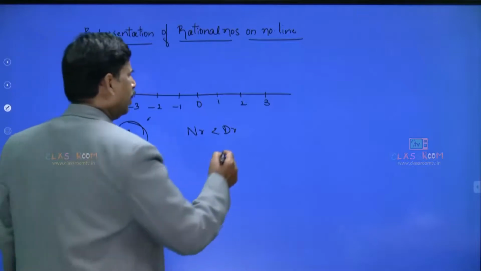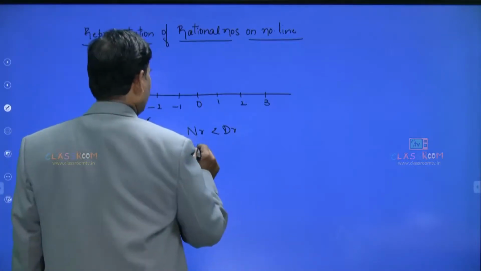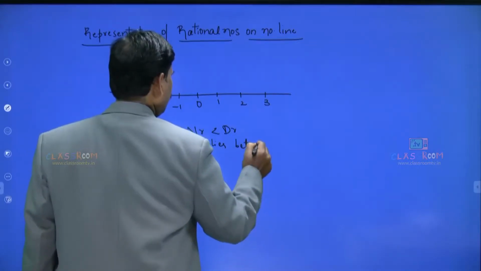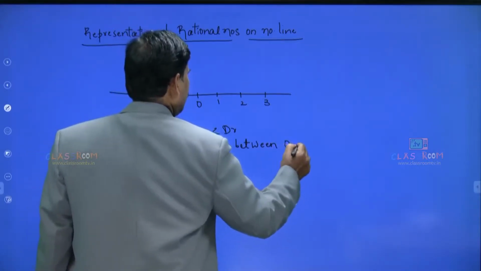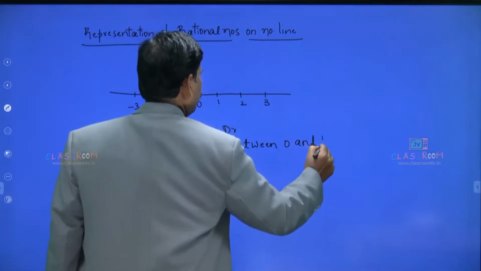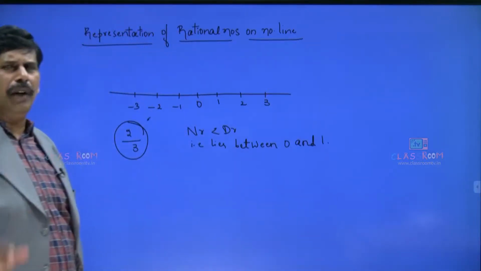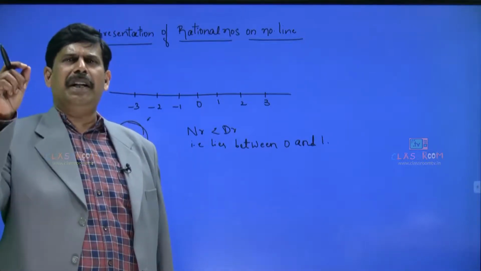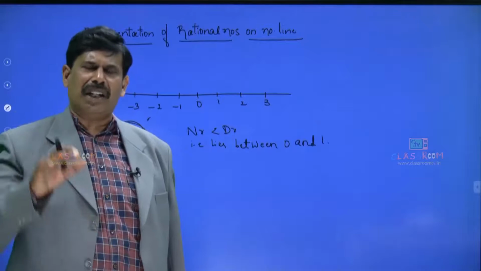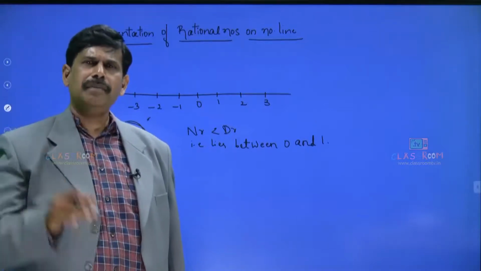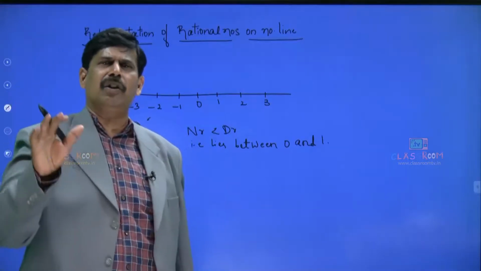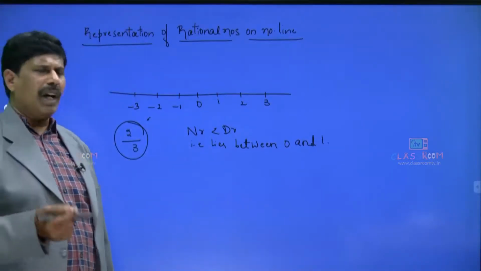Then just one point you should remember, that it lies between 0 and 1. That should be in your mind. When the numerator is less than the denominator, whatever the given fraction, whatever the given rational number, it lies between 0 and 1. So now let us see representing 2 by 3 on the number line.